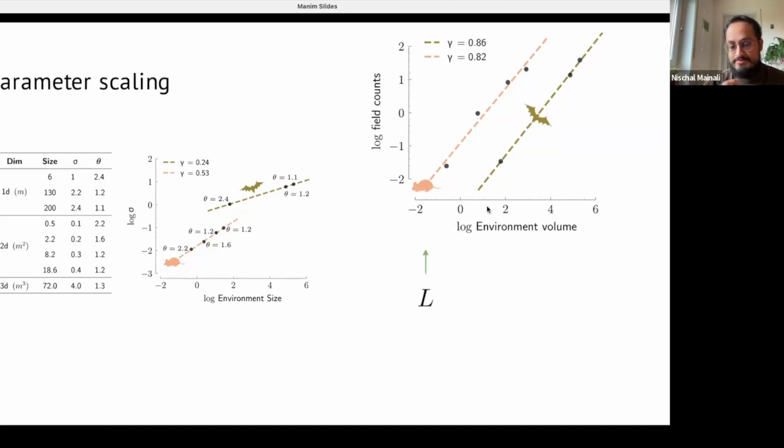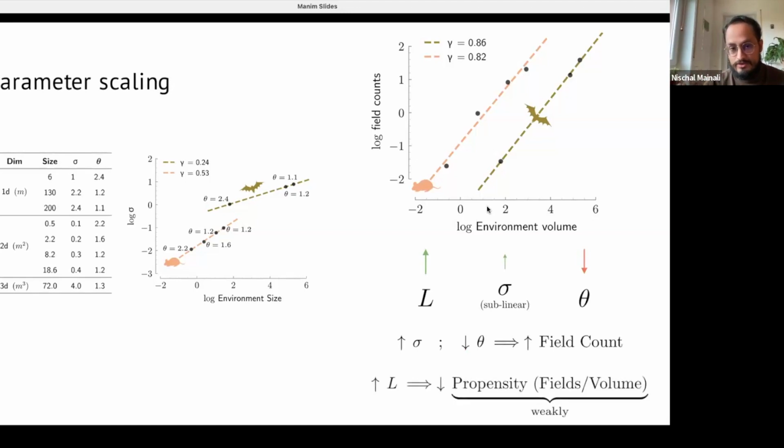So basically what's happening is as the environment gets larger, correlation length also gets larger, but sublinearly, and threshold goes down. And the effect of these things is field counts go up, but propensity, which is fields per volume, so the number of fields observed per unit length, goes down, but weakly. So it changes very slowly, but it does go down with the size of the environment.